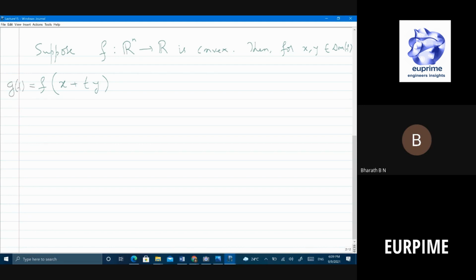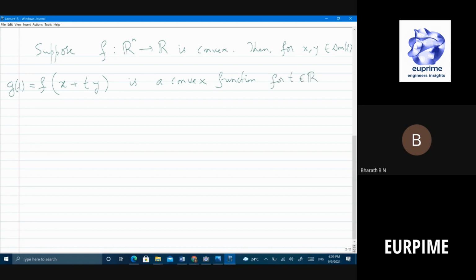So you fix x, y, and I will consider x plus ty. t is a scalar, by the way, right? g is a convex function. Why is this useful? We will see right immediately after this. So what do you mean by this? g is a convex function for t belonging to R.